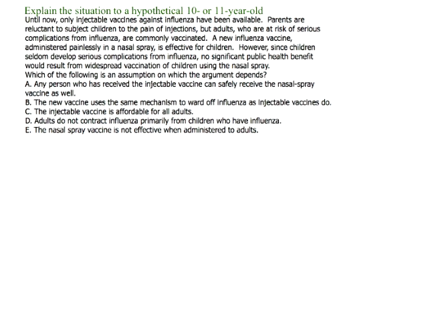So, okay. Only injectable vaccines against influenza. Those are big words. You have to get a shot. Flu shot is what it is. So right now there are only shots. Right now, if you want to be vaccinated against the flu, you need a shot.